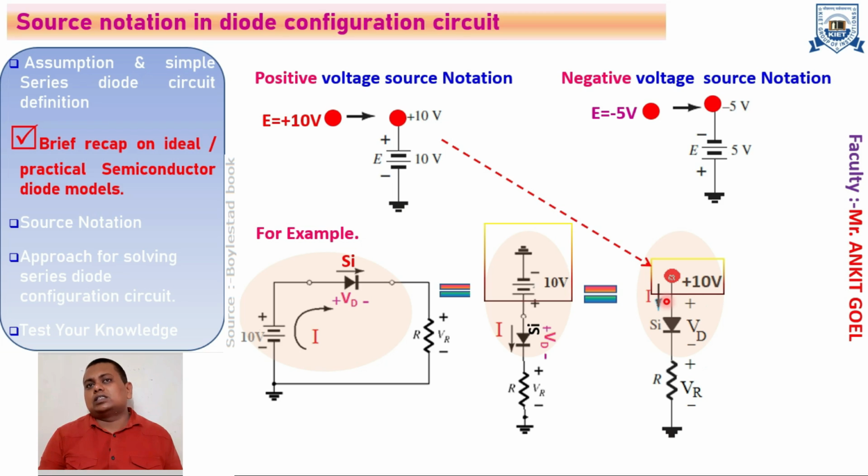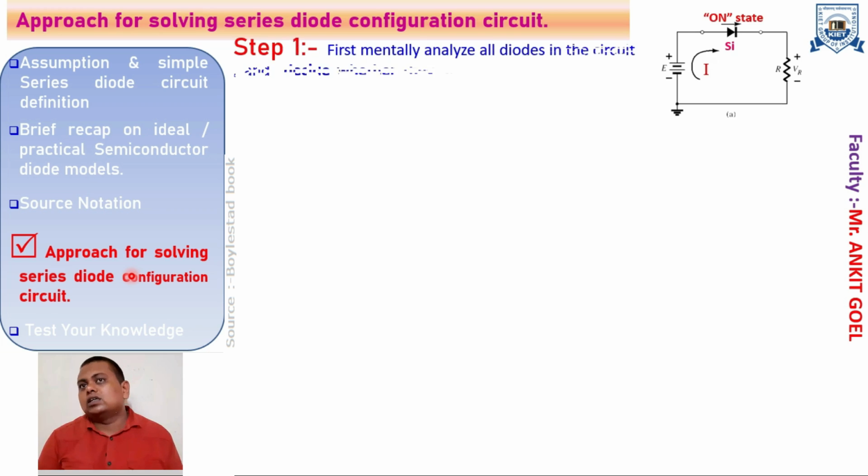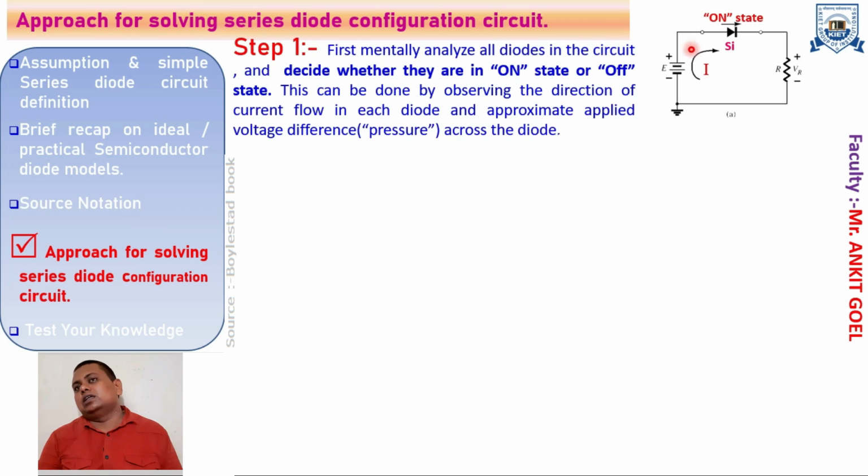Now in the next part, we have the approach for solving the series diode numericals. First we mentally see whether the diode is in the on state or off state by seeing the network conditions, by seeing the voltage source, by seeing the flow of current which is making the diode forward biased.